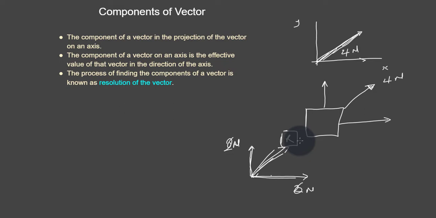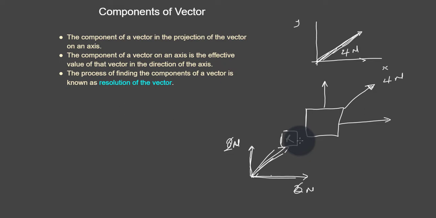If you have three axes, if you are dealing with x, y, and z axis, then it's three. But if you're just dealing with a plain surface, then it's just two components, right? So that is basically what a component of a vector is, just the effect of that vector on a given axis. And in most cases, you'll be dealing with two axes, x and y.